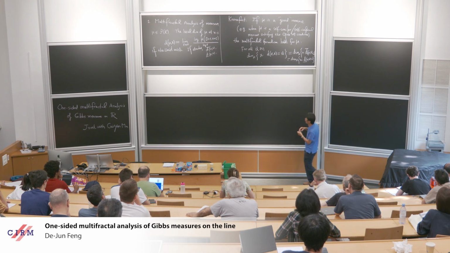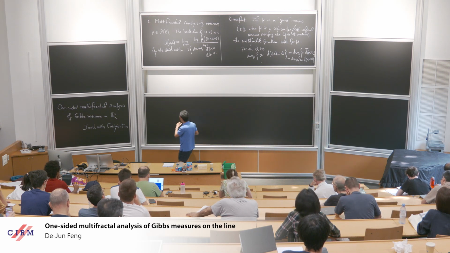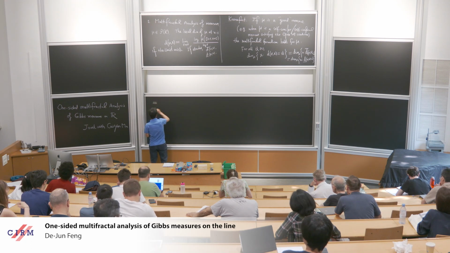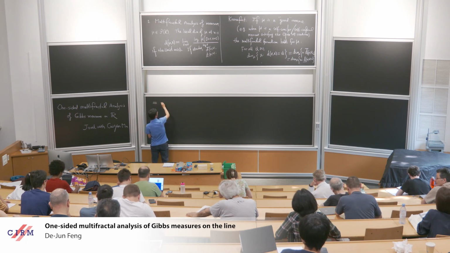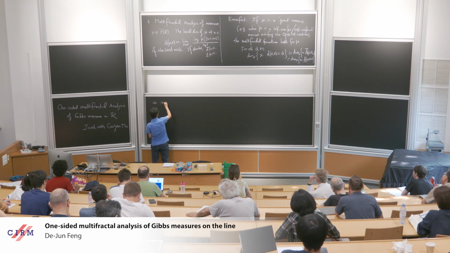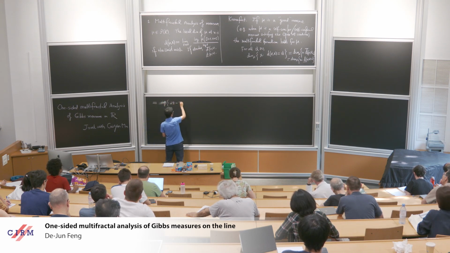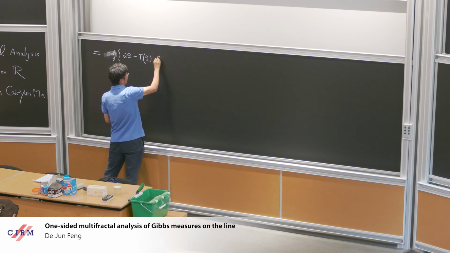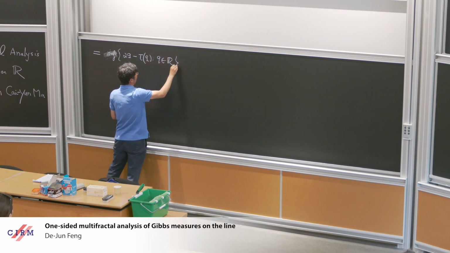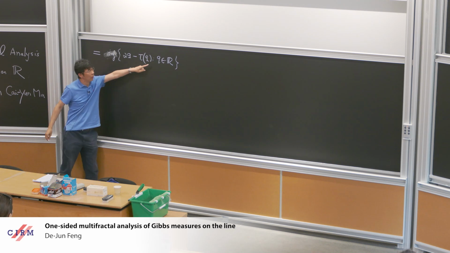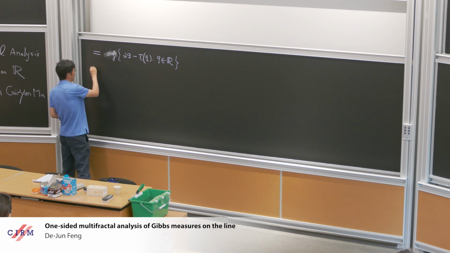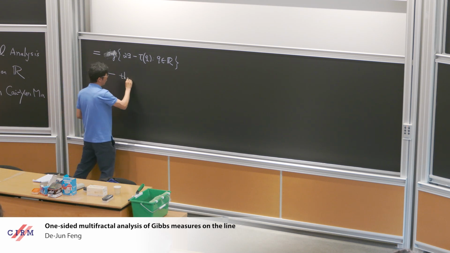All of them are equal to the infimum of alpha q minus tau q, where q takes all values on R. Here, tau q denotes the L^q spectrum of mu.